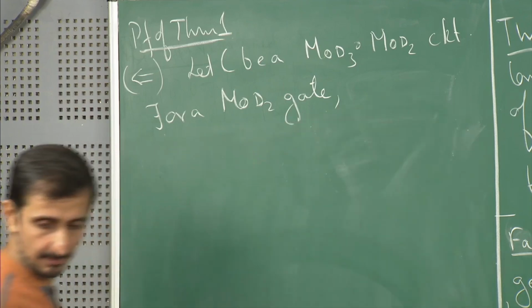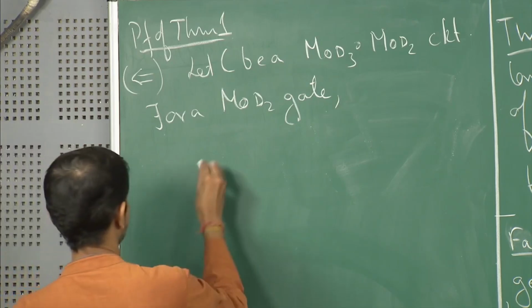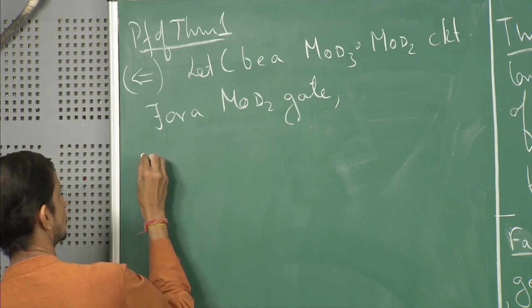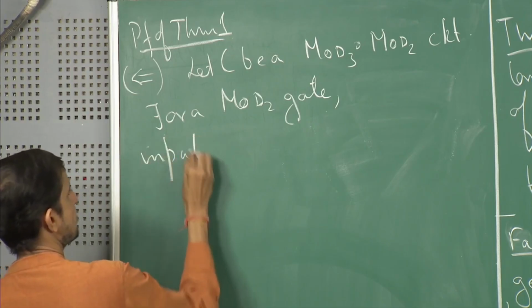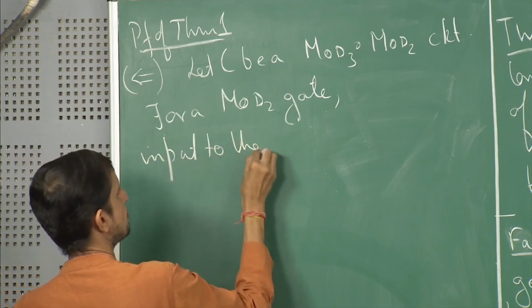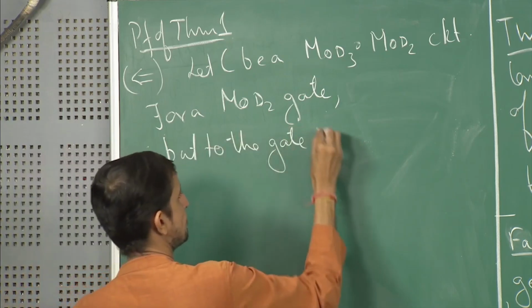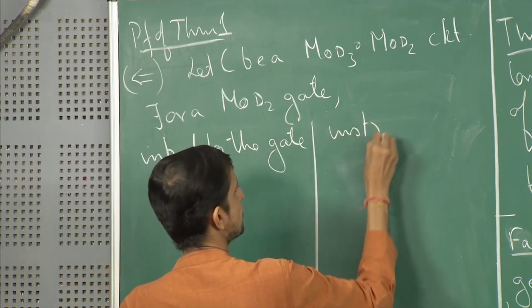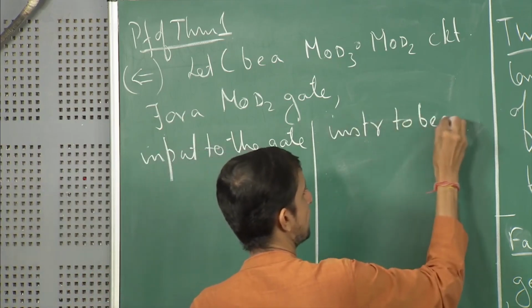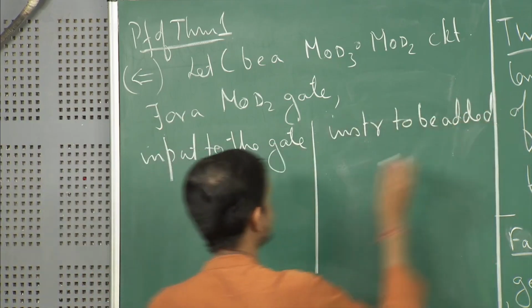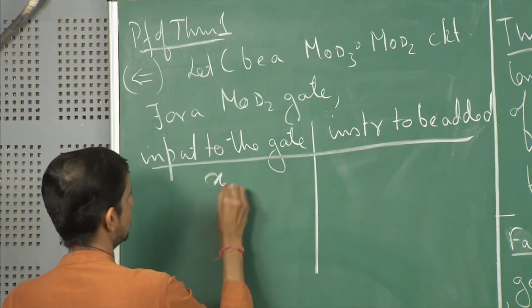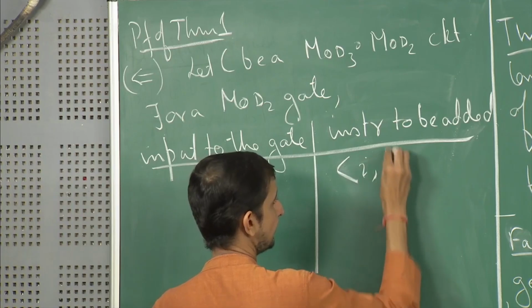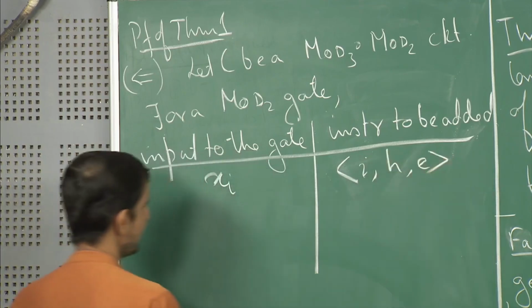Write it as a table. If I have Xi as an input, then I will add the instruction I H E.